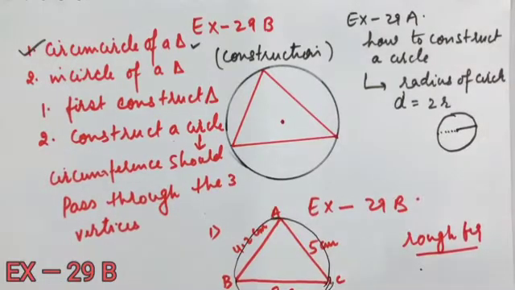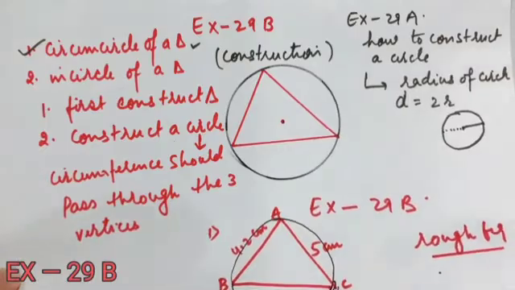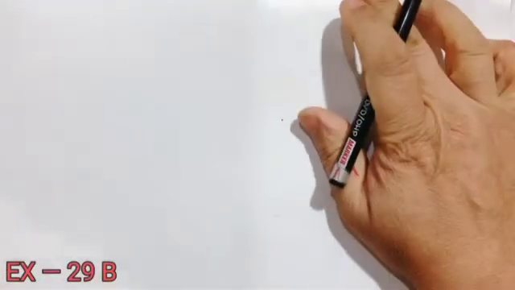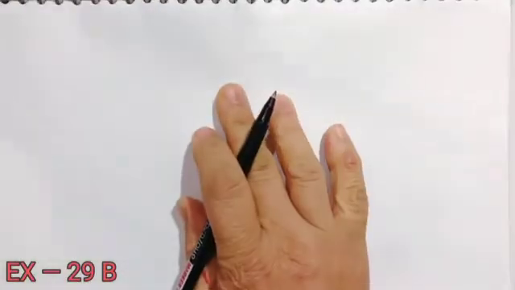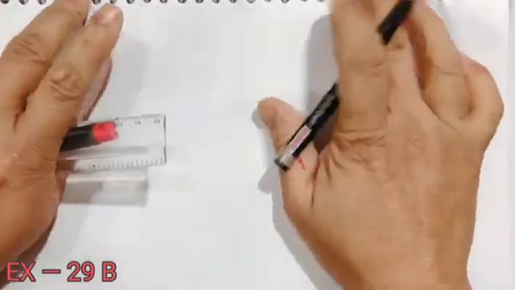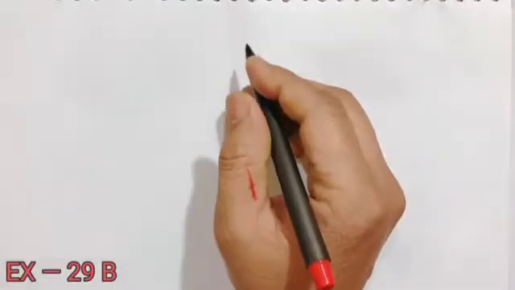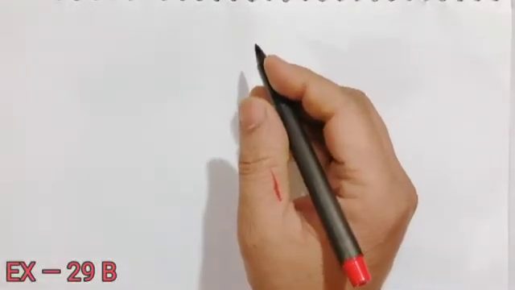ठीक है, तो इसके पहले let's turn on the page and do something fresh. तो हमारा प्रॉब्लम ये है कि ठीक है, I will construct a circle, लेकिन we can construct a circle, isn't it, only when we know its center.